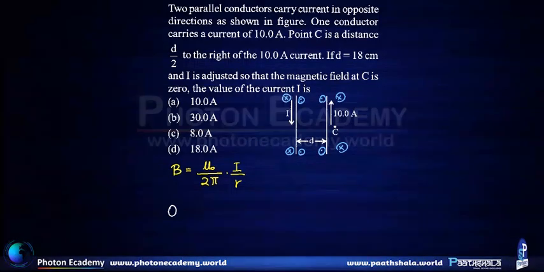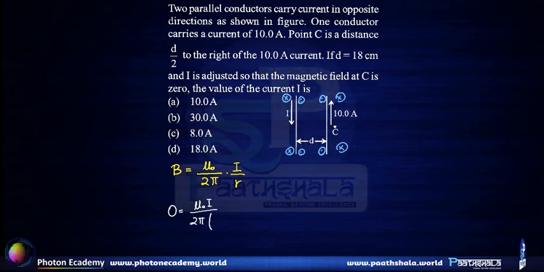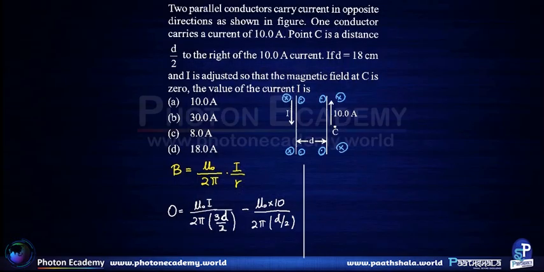So you have 0 is equal to mu naught into I by 2 pi into the distance between the wire carrying a current I and the point C, that would be 3d by 2, and we subtract from it mu naught into 10 divided by 2 pi into d by 2.